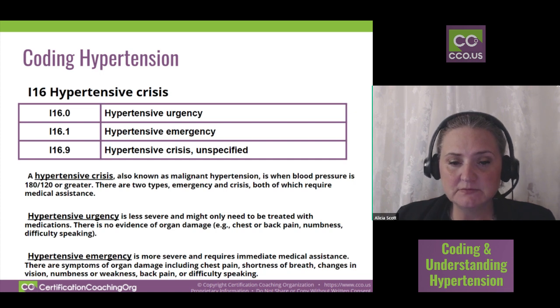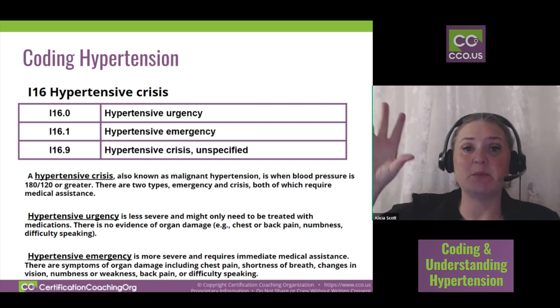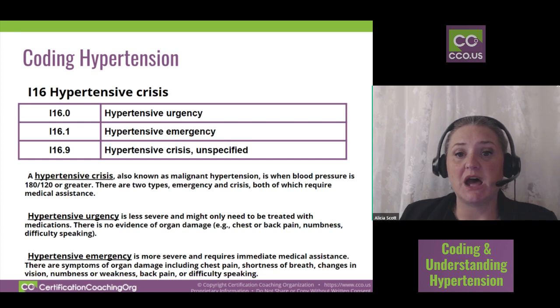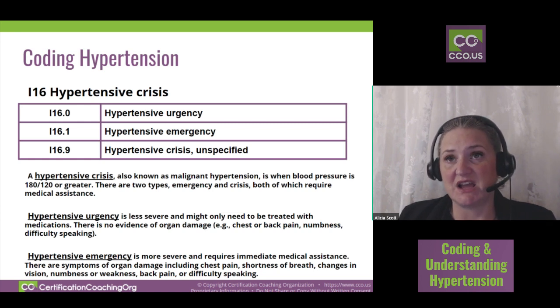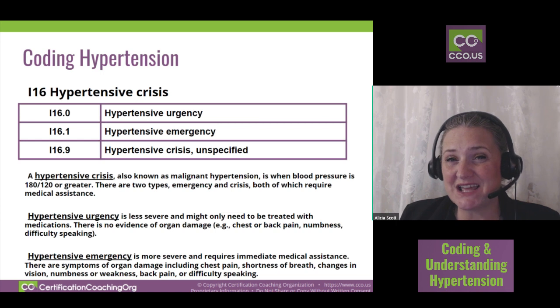Now, malignant means that it's kind of all over the place. It's up and they can't control it. Benign is more or less the opposite of that. So a hypertensive crisis is sort of a sudden onset.